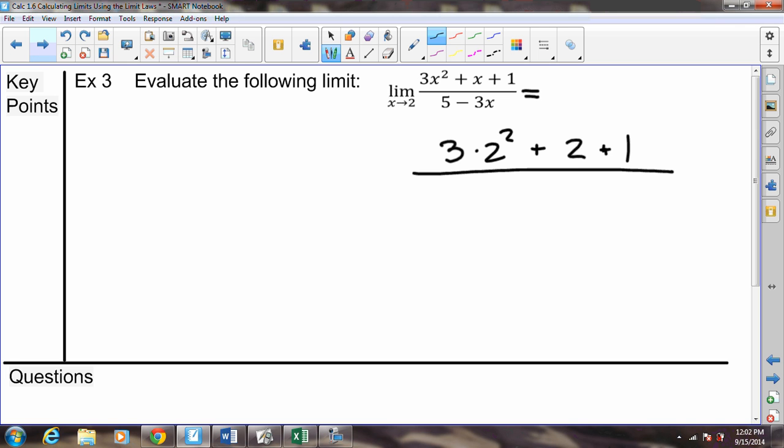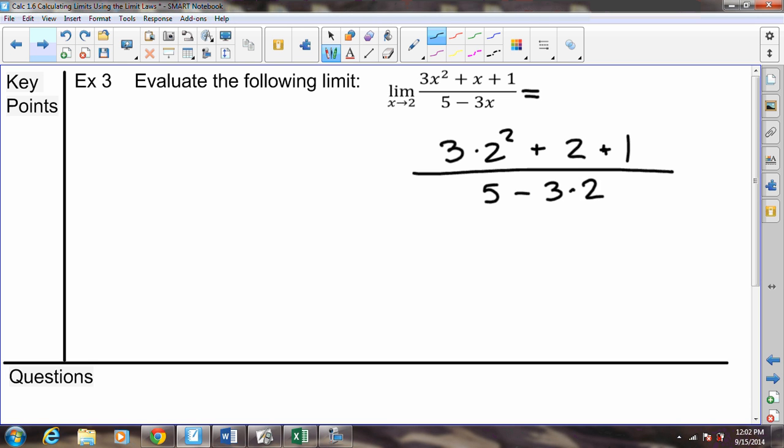This is our f of x over g of x component. Then we'd have the limit of a constant 5. Subtract 3 times. You'll notice basically we're just doing a direct substitution, replacing x with the number. In many cases, that direct substitution will work.